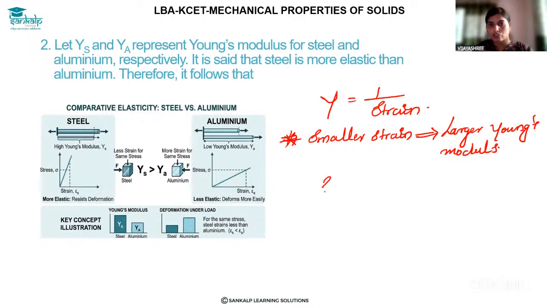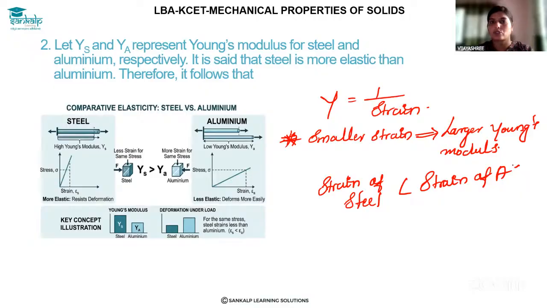Therefore, the strain of steel is less than the strain of aluminium. So now we will come to the Young's modulus.